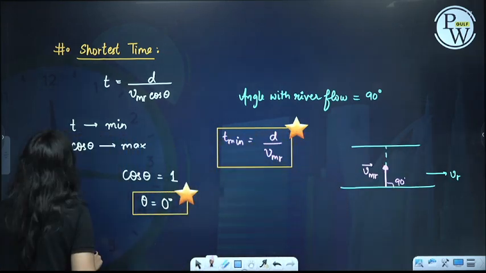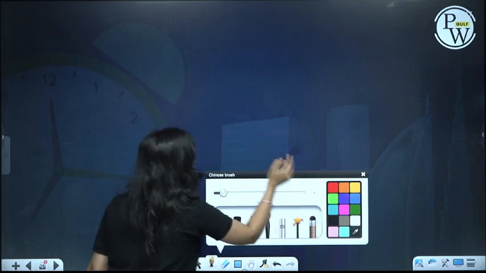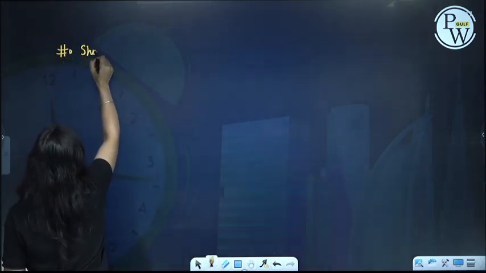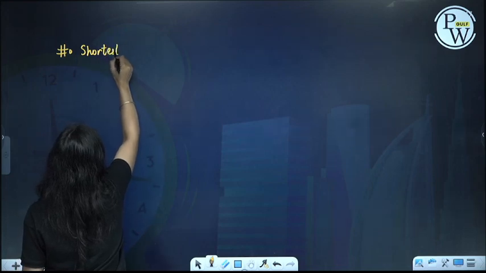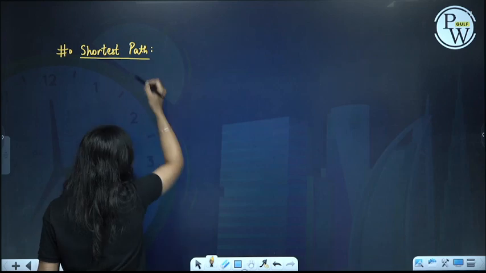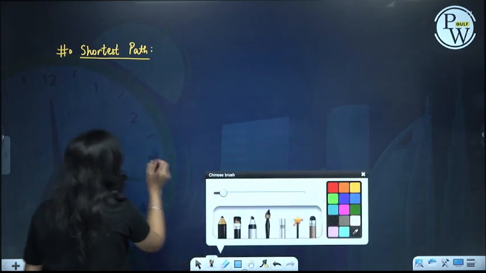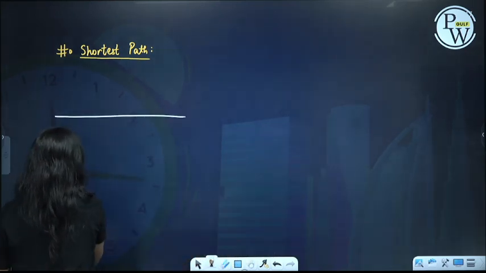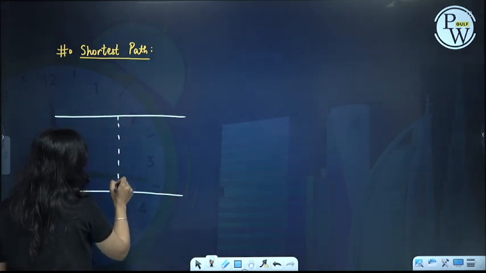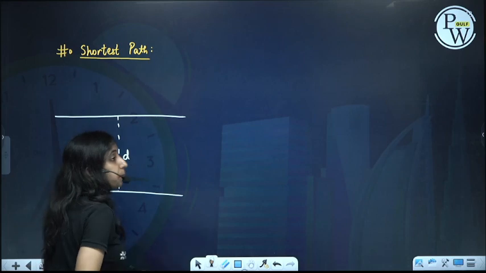Now let's do one more case, shortest path. Now man wants to cross the river along the shortest path. The shortest path is this d path only.